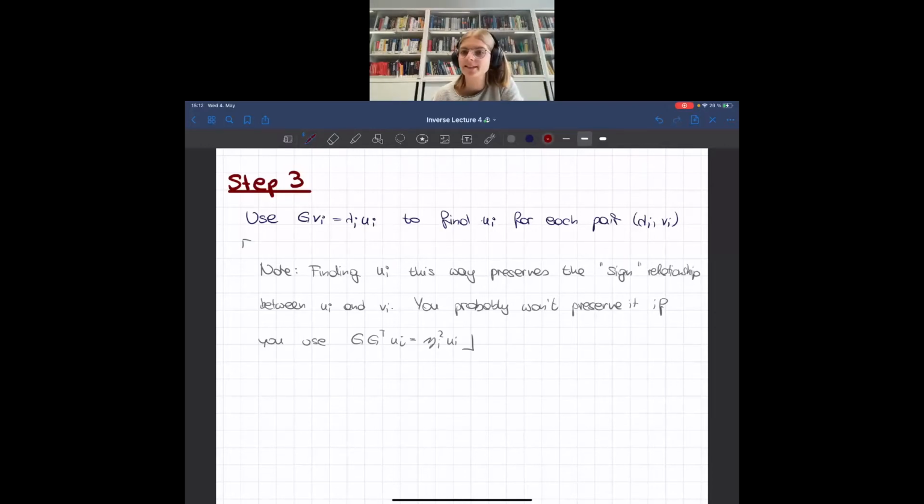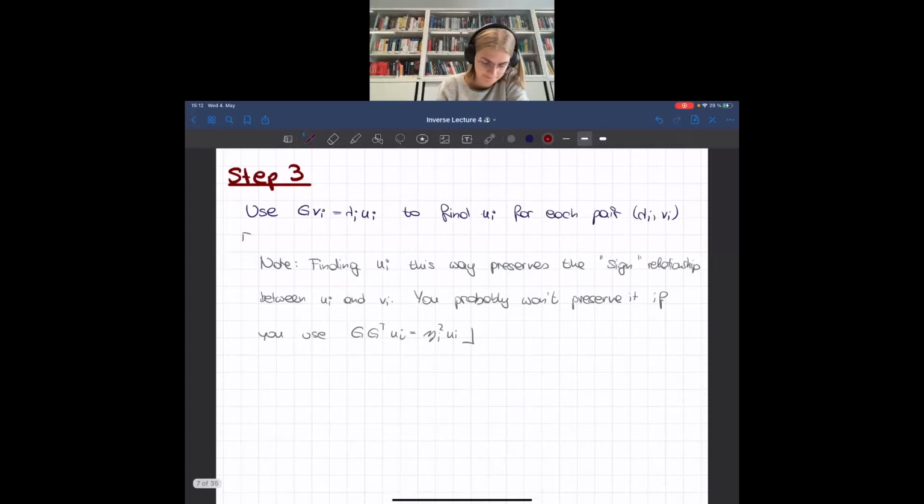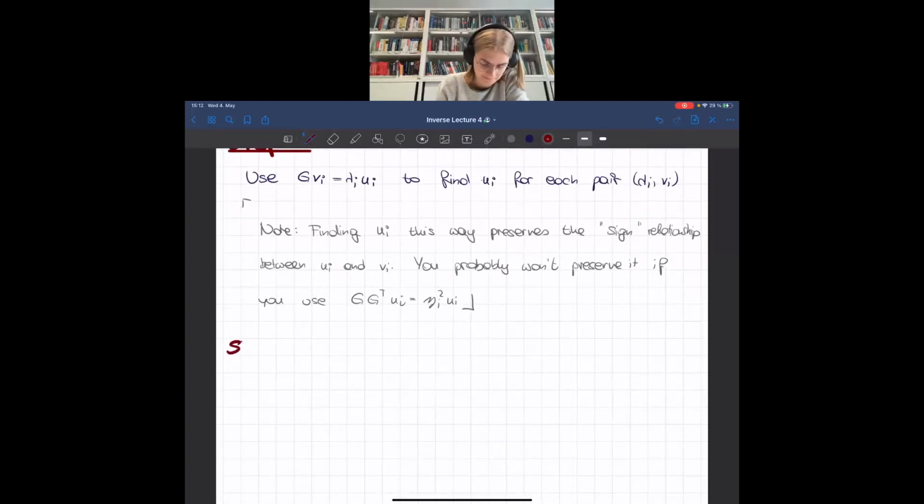Okay, let's continue with step 4. This is rather simple. You just form the matrix UP.